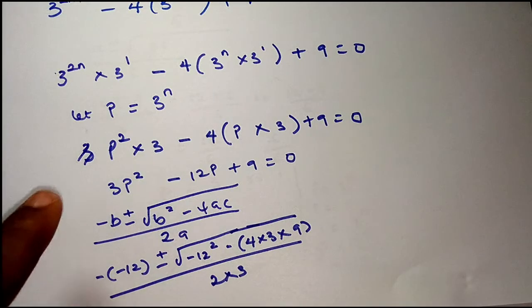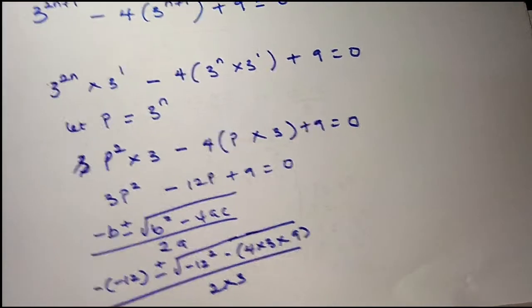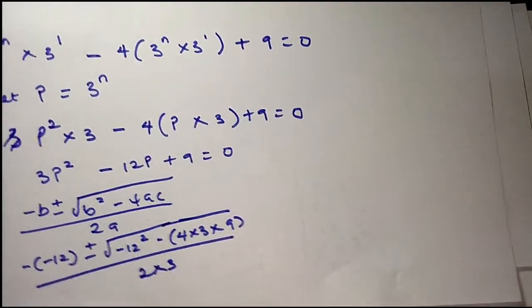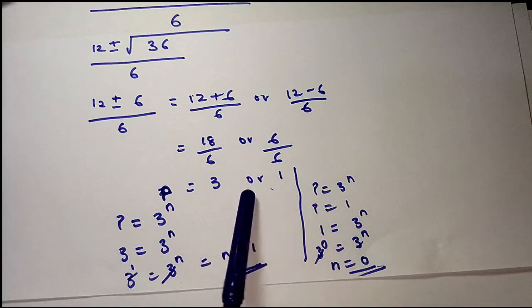So I was able to put p equals 3 raised to the power n, and that was helpful because I was able to get 3p squared minus 12p plus 9 equals 0. From this point you can easily solve using any method you want: factorization, the formula method, or completing the square. Using this we're able to get our answer for p as 3 or 1.